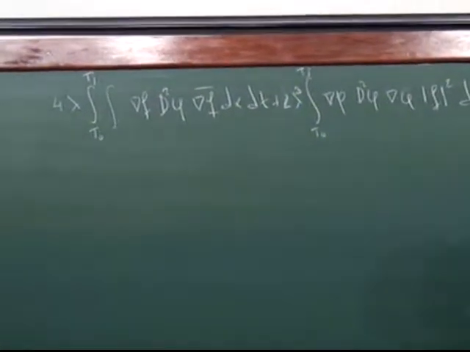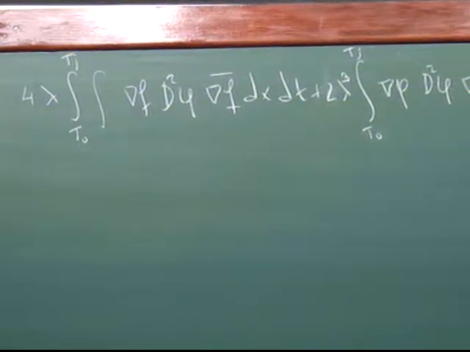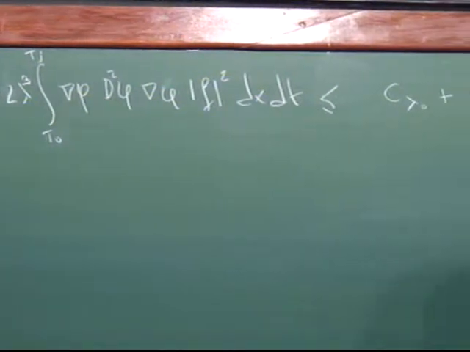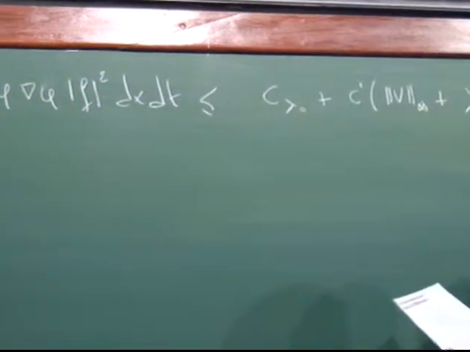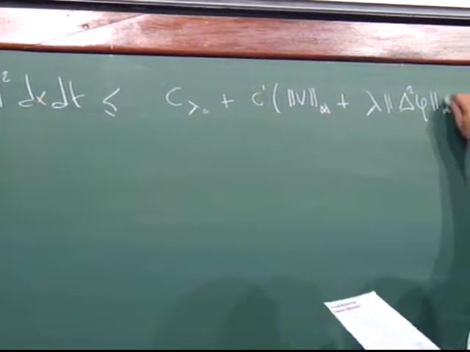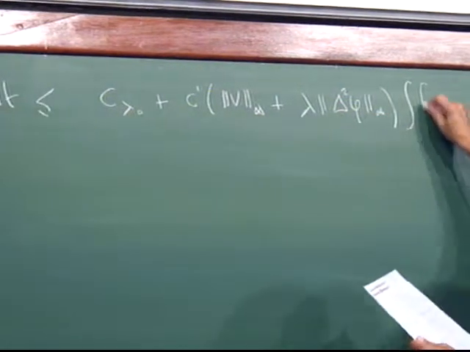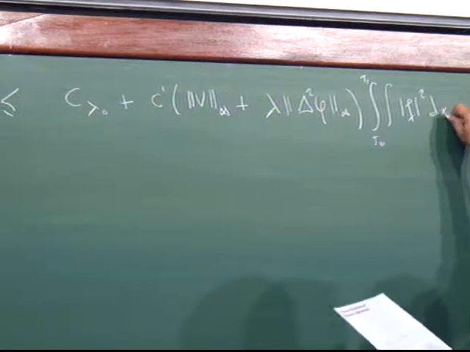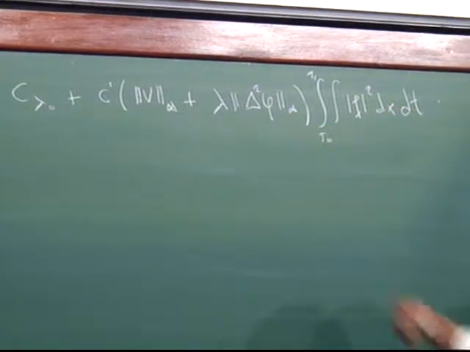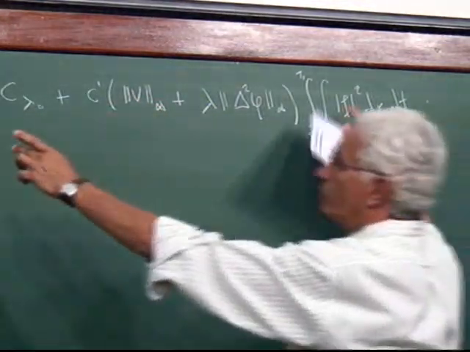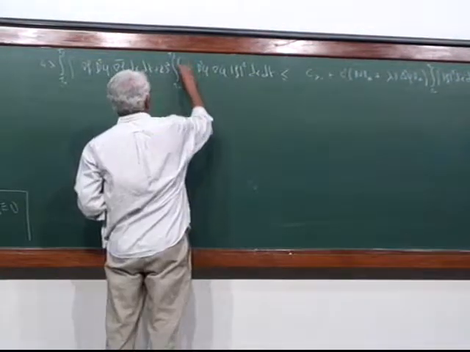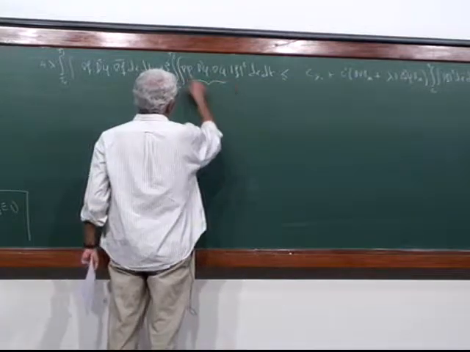So let's see here, the L infinity norm of this plus lambda times the Laplacian of this in L infinity, and this goes with this one. What you want is to say that this quantity can be absorbed in this part, and you have that this is finite. And here is where the number appears.